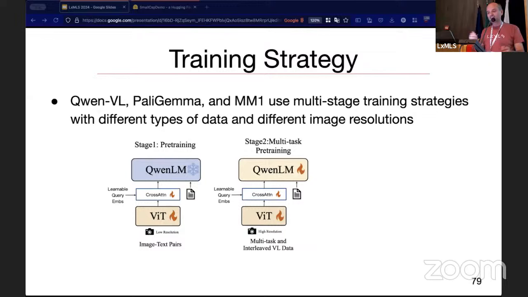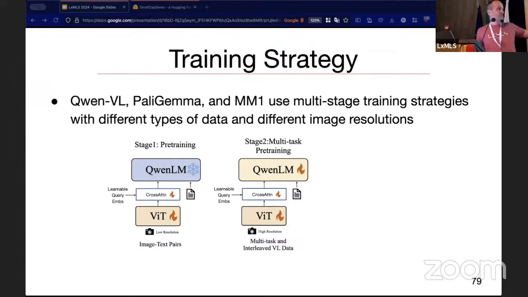Then you typically have this multitask pre-training where you have many different tasks within your task mixture. And this is something that Sarah spoke about last night, the importance of doing multitask pre-training so that your model learns a distribution over different possible tasks when you come to use it in downstream scenarios. And in this case, in Qwen, all of the components within the model are now differentiable and updated for each of the examples.